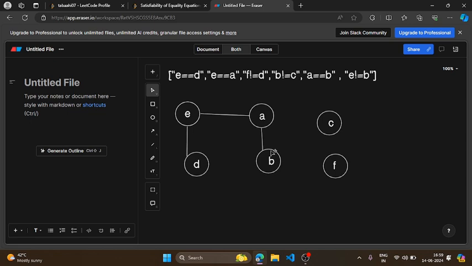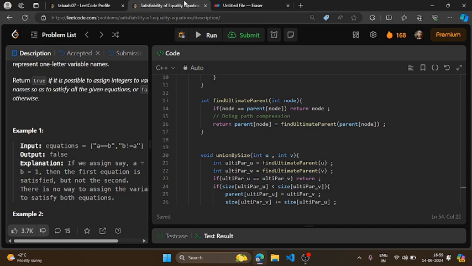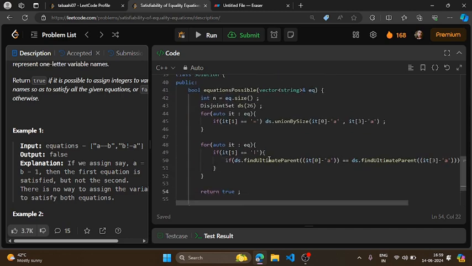Once we made the graph, we started checking the inequalities, and if in the equation two characters have inequality and in my graph they are reachable from each other, it means my graph is saying they have equality. Once a contradiction happens, we say these equations cannot be satisfied, so we returned false, otherwise we returned true. So this is what we have done.